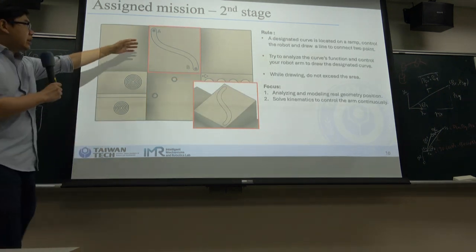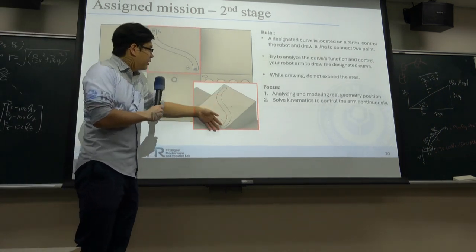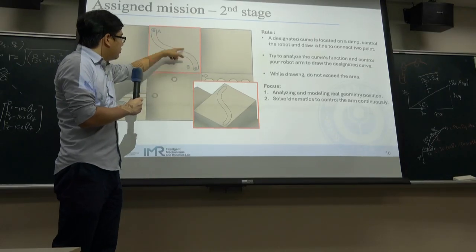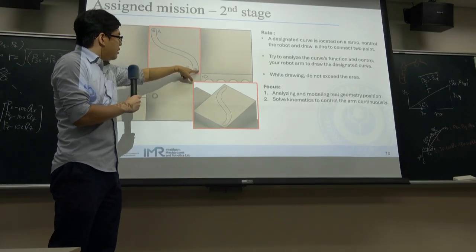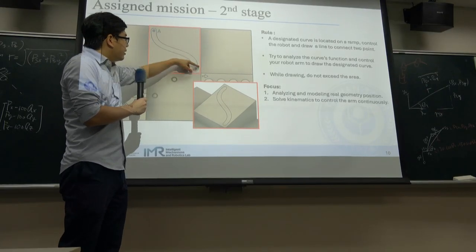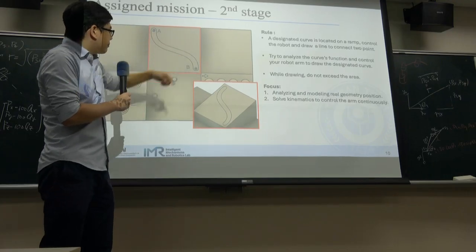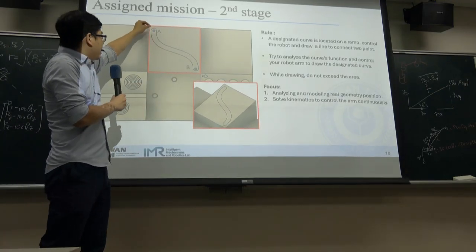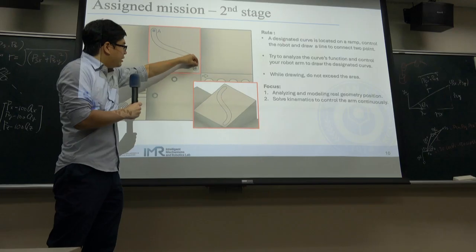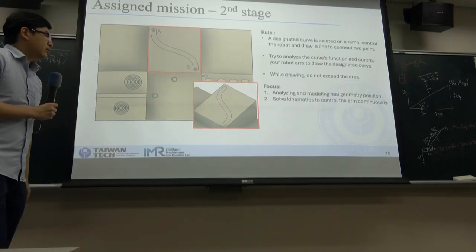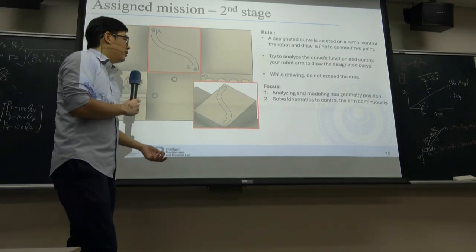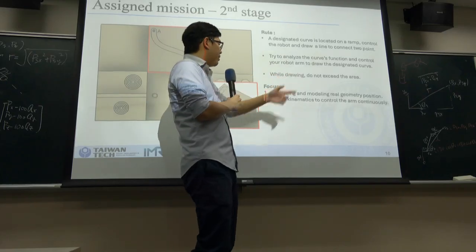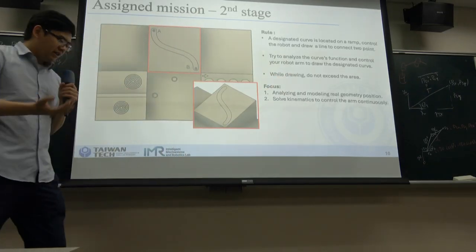The second one is a slope, where we have a point A and a point B with a curve. You need to start from point A and draw to point B. While drawing, do not exceed the area, but if you exceed it, never mind.